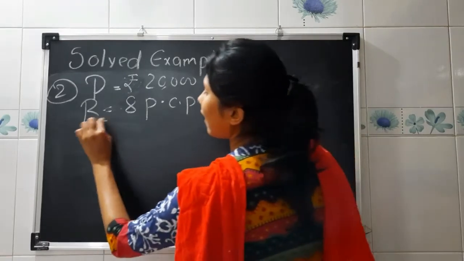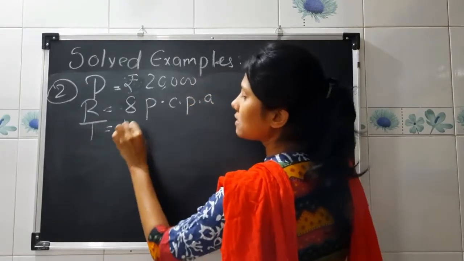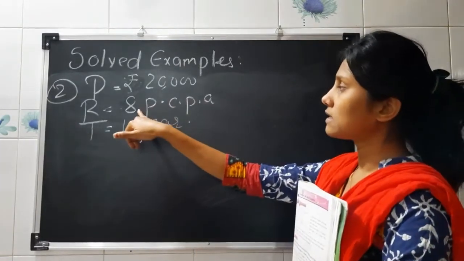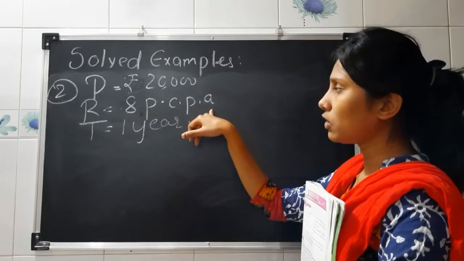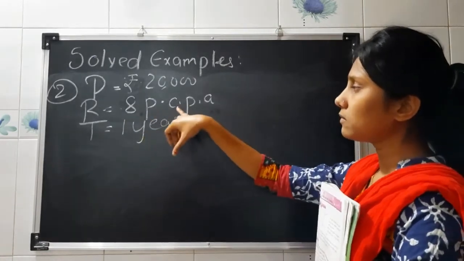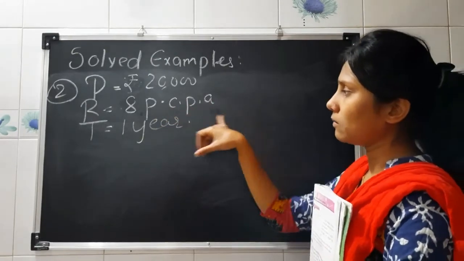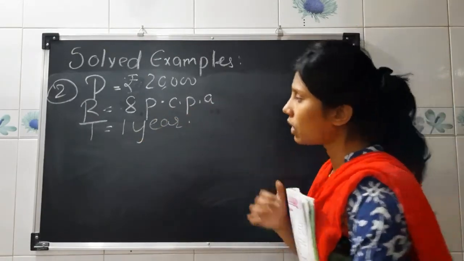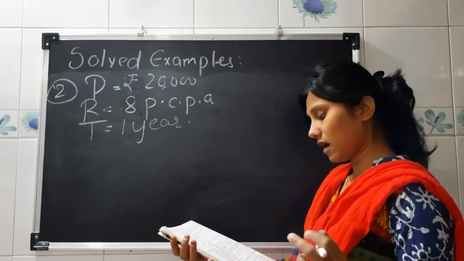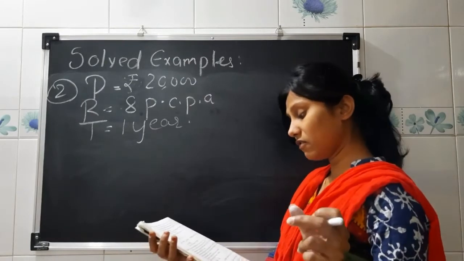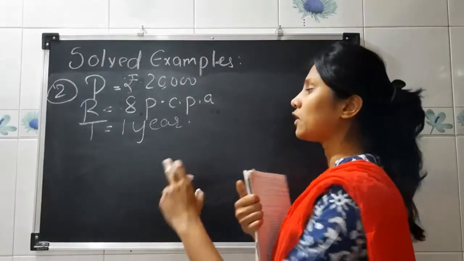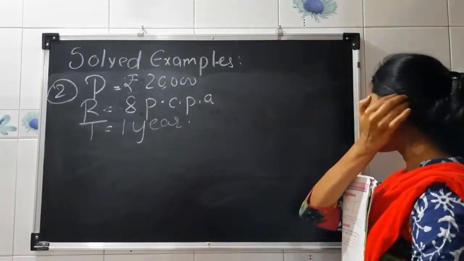Here we have to assume that the time taken is 1 year, because the rate of interest is measured on an annual basis, that is why PCPA, percent per annum. Also, the question itself says at the end of the year, which means we take the time as 1 year.